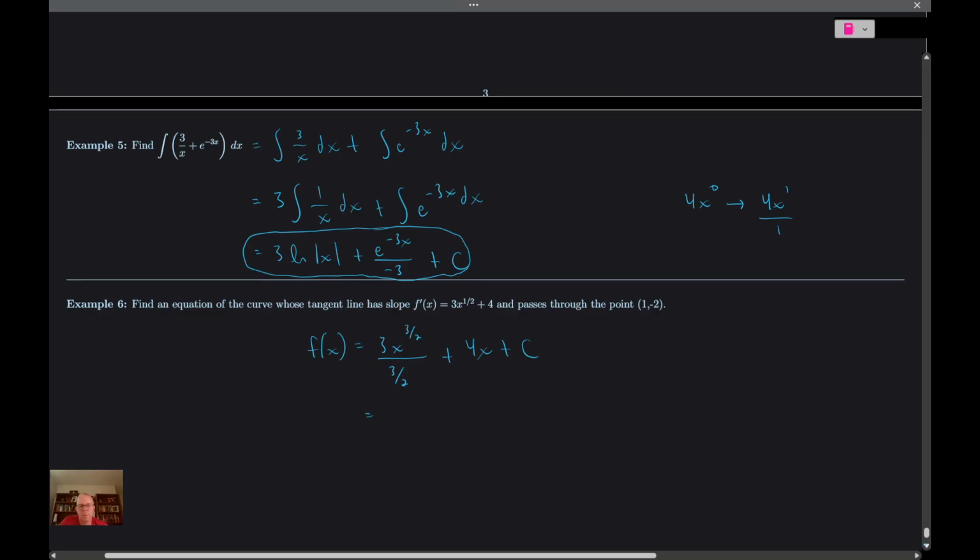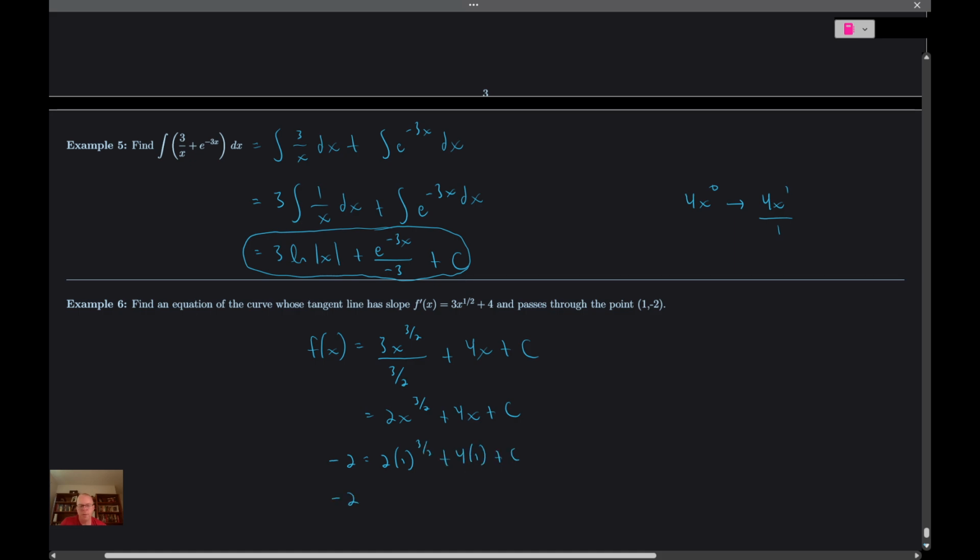So let's write this. 3 divided by 3/2 is 2. 2x to the 3/2 plus 4x plus c. So now it passes through this point, so we're going to plug that in. So y is negative 2. 2 times 1 to the 3/2 plus 4 times 1 plus c.